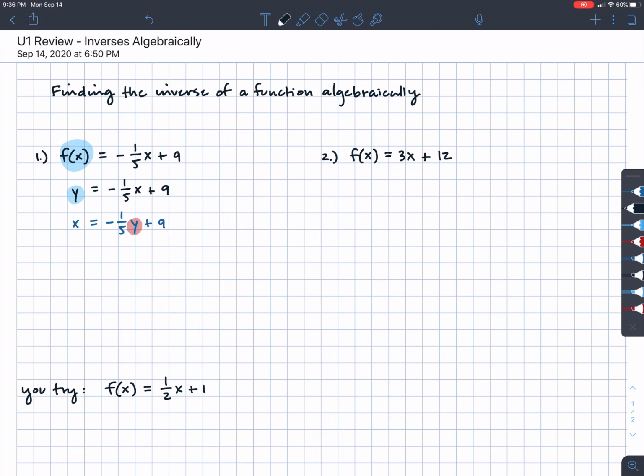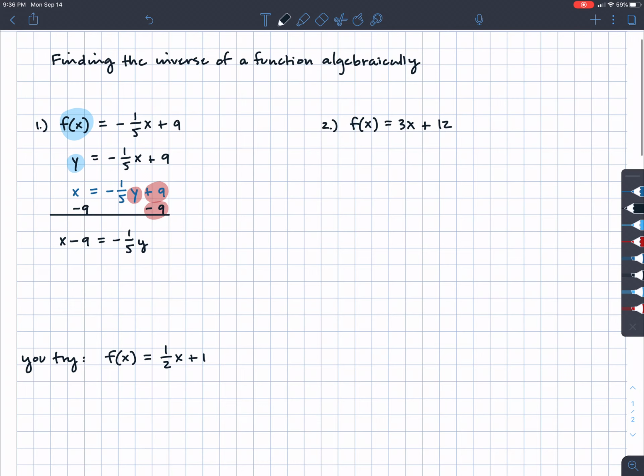The first thing I'm going to do is subtract 9 from both sides. So when I subtract 9 from both sides, I see that my 9's here will cancel. So I'm left with x minus 9 is equal to negative 1/5 y.